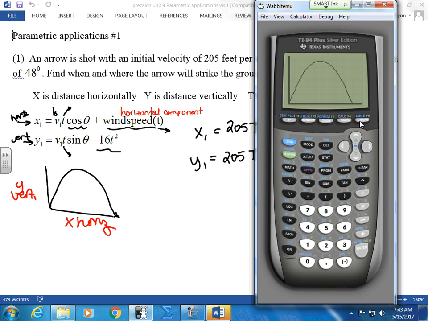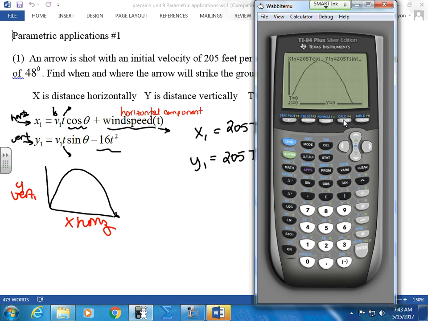Okay, so now, you're going to trace this. We want to know when and where the arrow will strike the ground. So we know it's somewhere about 9 seconds. When you hit your trace button, I want you to see what happens. See your T, your X, and your Y? All 3 of these are going to change.